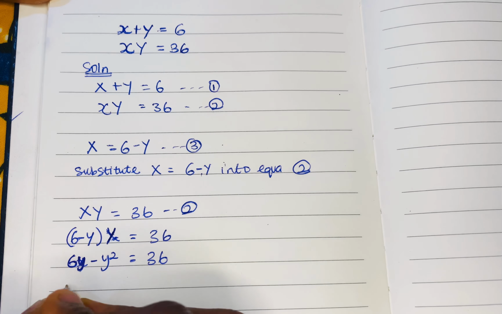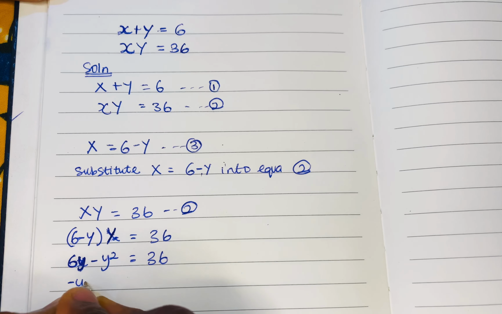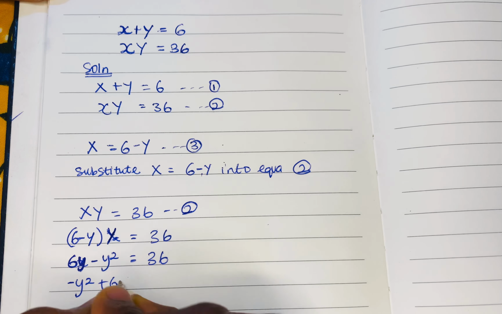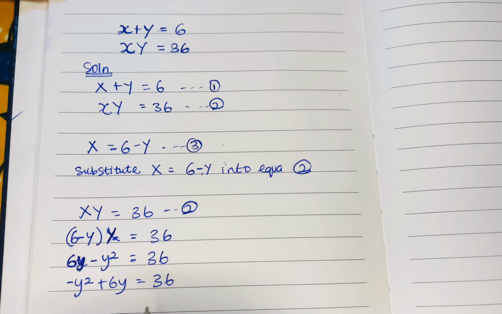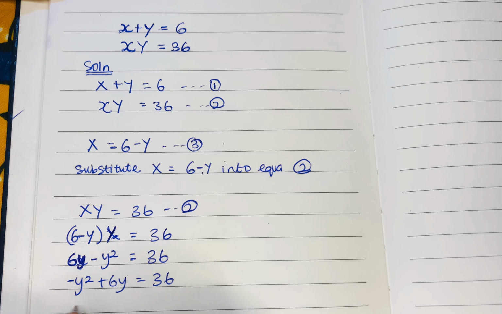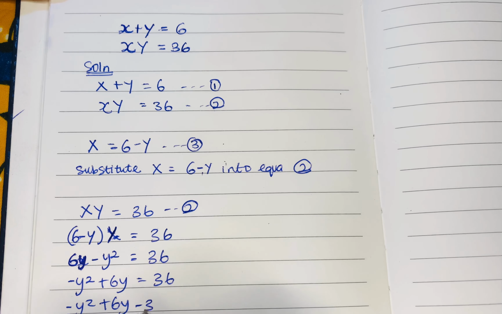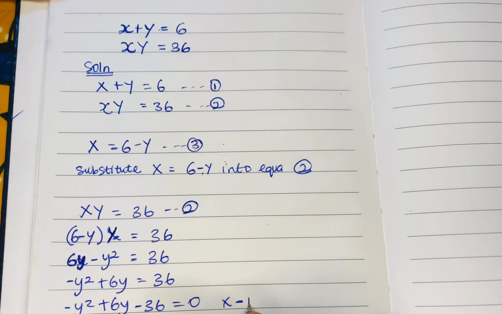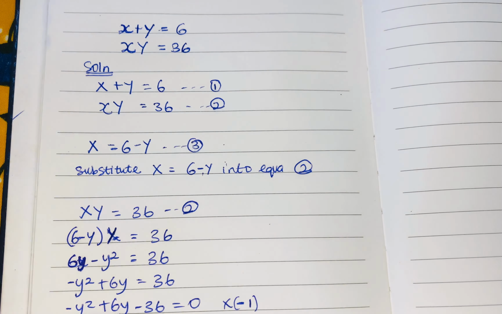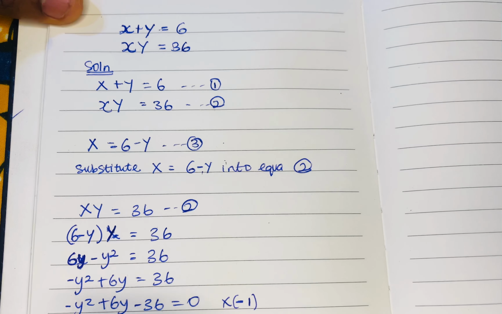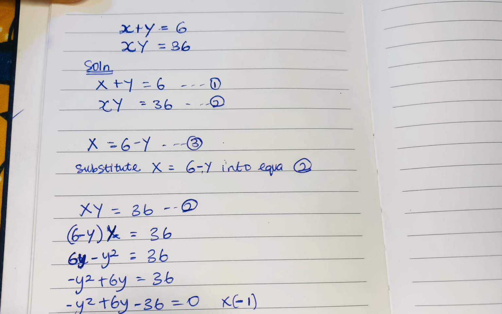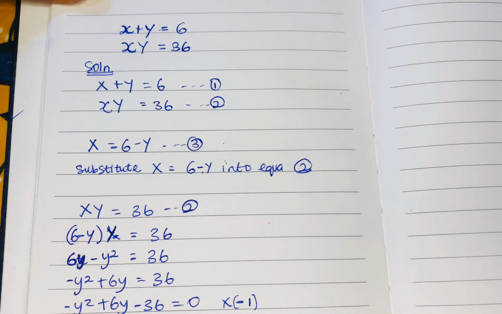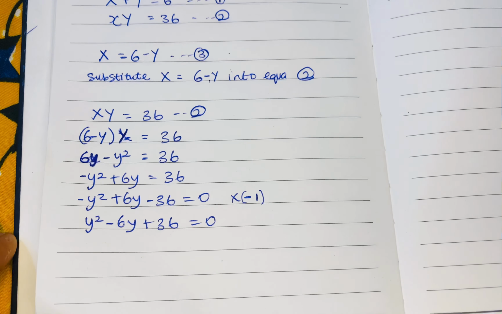Let me rearrange this: minus y squared plus 6y minus 36 is equal to 0. I can multiply both sides by minus 1 to make y squared positive, so I'm going to have y squared minus 6y plus 36 is equal to 0.